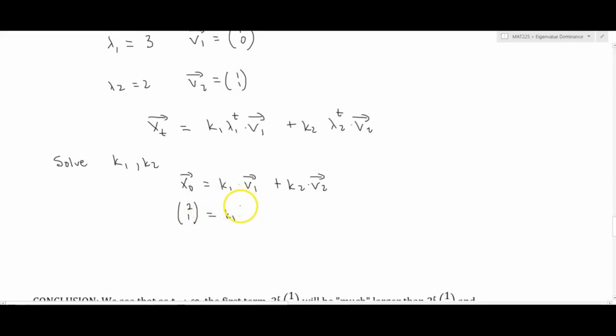That equals k1 times v1, where v1 is the vector (1, 0), plus k2 v2, which is the vector (1, 1). Now I have a system of equations to solve for k1 and k2.